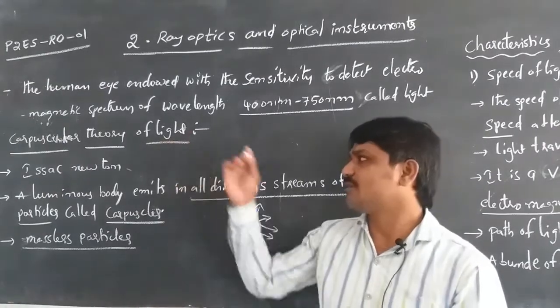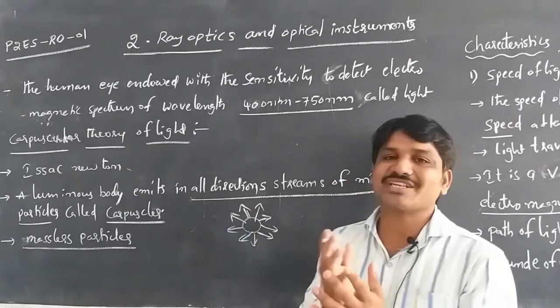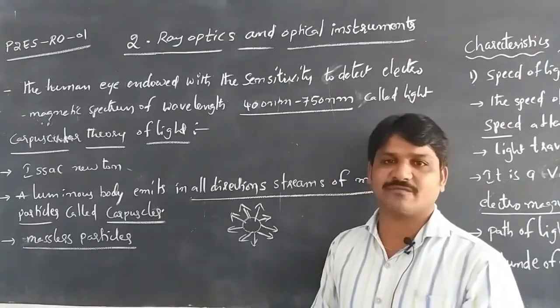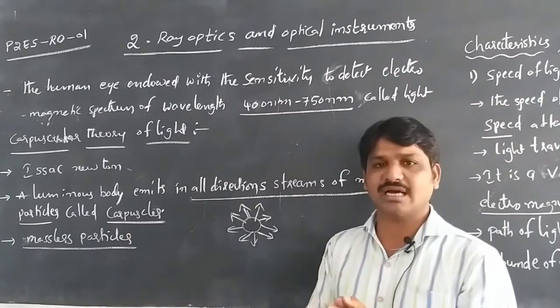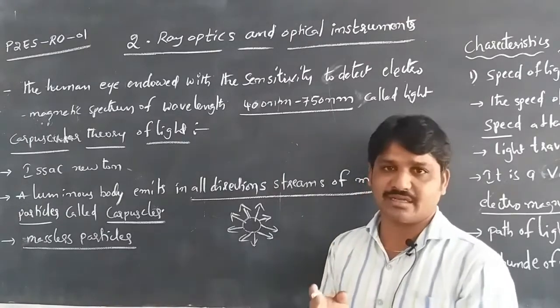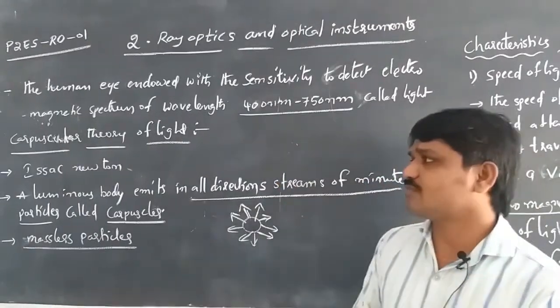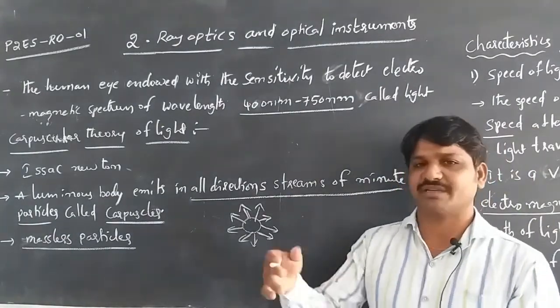According to the corpuscular theory, he did not tell about the refraction of light or other properties of light. He only said that the speed of light is more in glass or water than in air.